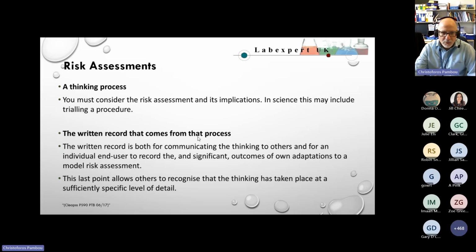And therefore, when we trial that, we can actually proceed to produce the written record. And this record is both for communicating what the thinking process is and looking at the model risk assessments, and recording the outcomes.